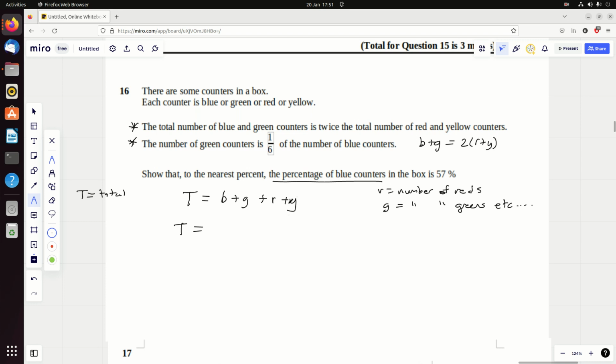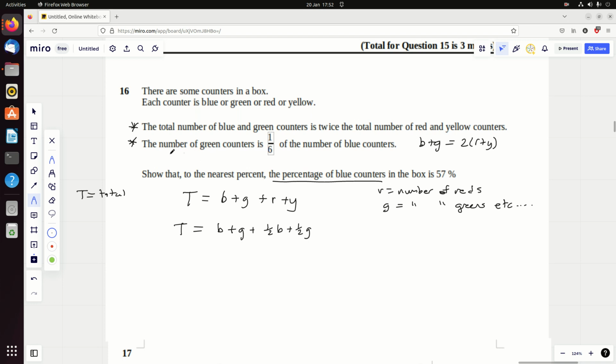So what I can do here is get rid of the red plus yellow and write it all in terms of B plus G, because red plus yellow is a half B plus a half G. So now at least I've only got blues and greens. Really, I just want blues, because I want everything in terms of blue, because then I can just do number of blue counters, which is B, divided by the total number of counters, which will solely be in terms of B. So the B's will cancel and I'll get the percentage.